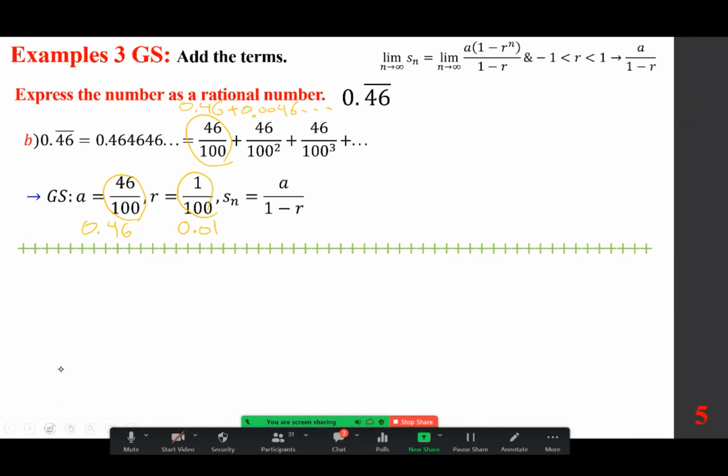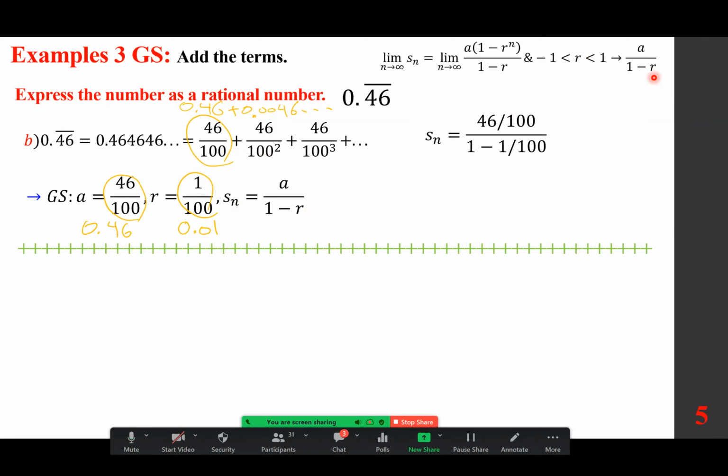It is important to notice 100 squared or 10,000 is 100 times this. Therefore, the fraction is getting smaller by a factor of 100 or 1 over 100. So you plug into this formula, because when r is between -1 and 1, we can use this.